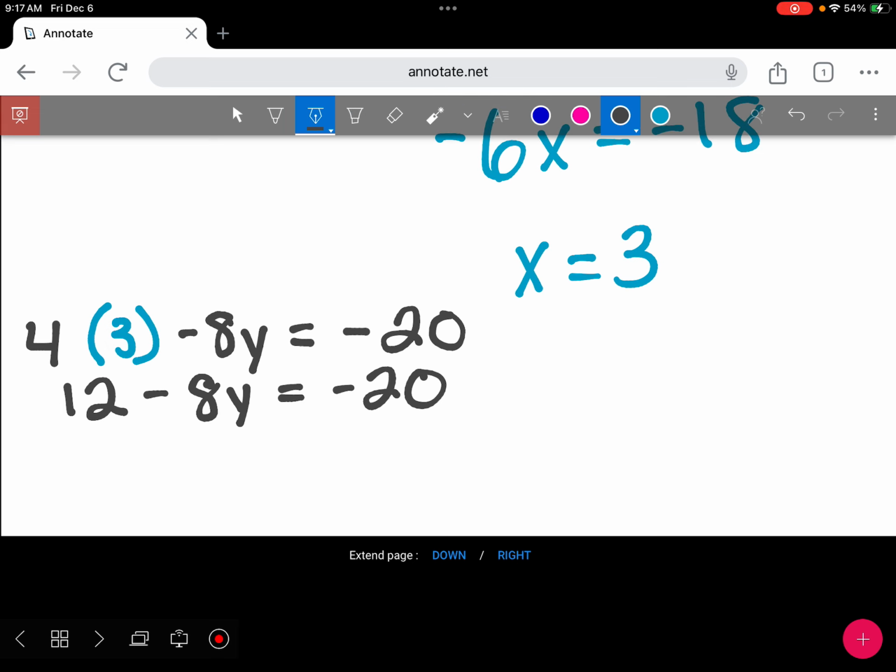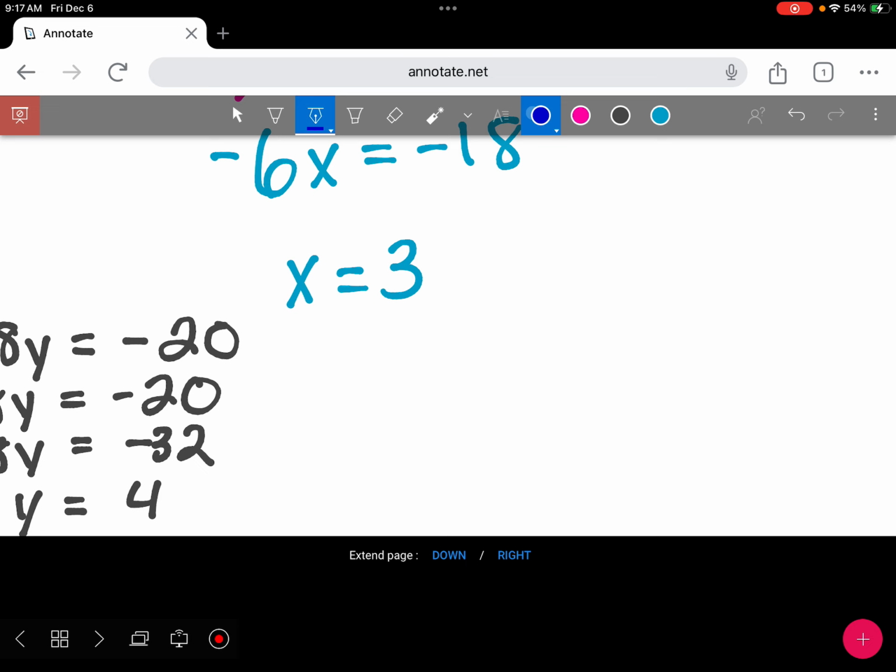What do we do next? Subtract 12. We have minus 8y equals -32. What does y equal? 4. So our solution to this system is the point 3, 4.